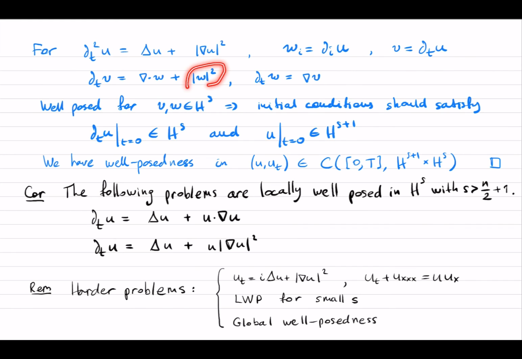So that's the nonlinearity which becomes a 0th order term, and time derivative of W is simply gradient of V. So that means we have well-posedness for those variables W and V. So W and V should be in HS, which means that for the initial conditions, V is the time derivative of u, so the time derivative of u should be in HS, and u itself, because x derivatives of u should be in HS, that implies that our initial condition should actually be in HS plus 1.